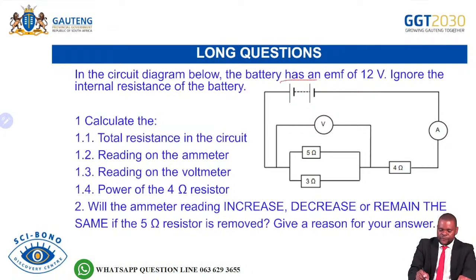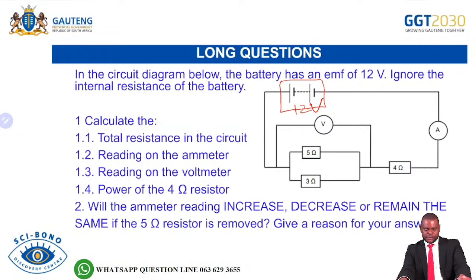That means the EMF here is 12 volts. Are we together? Then, number 1, it says, calculate the total resistance in the circuit. Grade 12, you can see here we have a branch of a circuit. We have these two that are in parallel, and we have this one that is in series with these two.